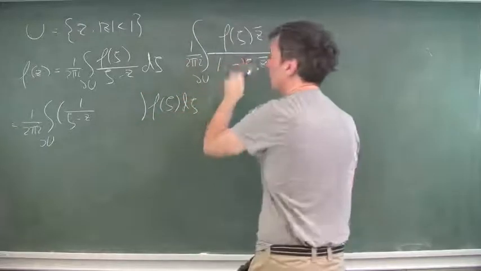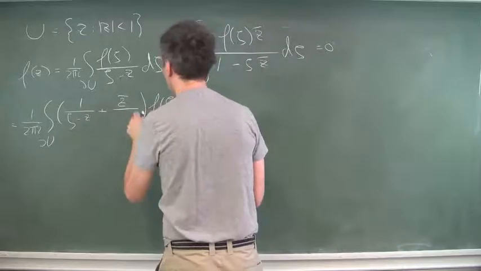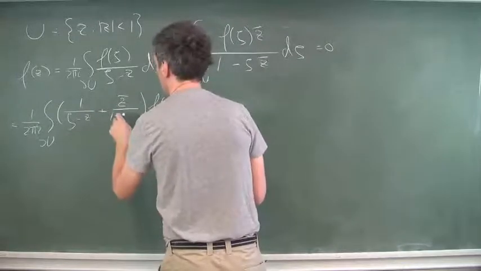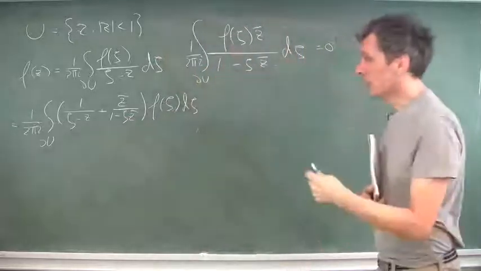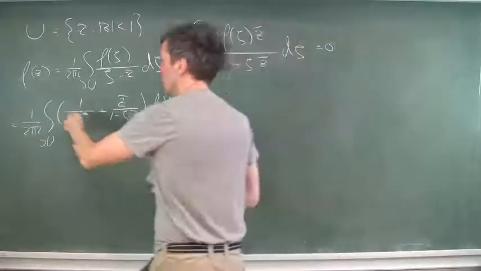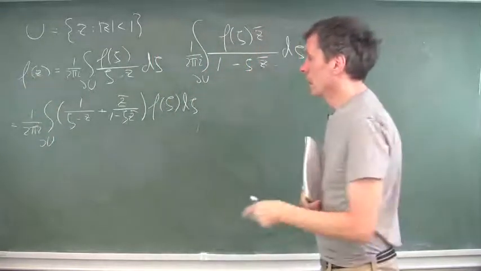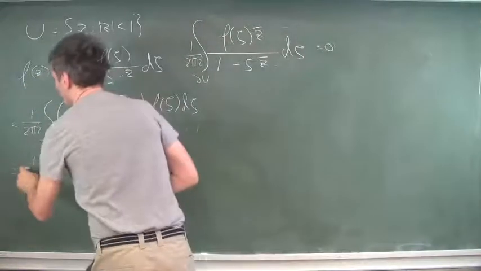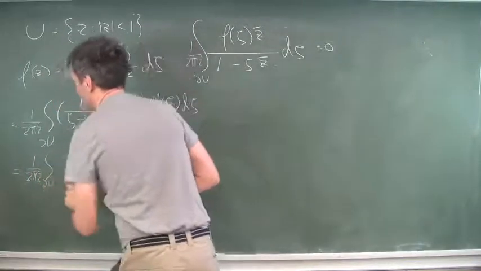And then from here, we'll get plus zeta z conjugate divided by 1 minus zeta times z conjugate. So this is still an integral expression for f of z. And so what we do now is simply rewrite this integral in a nicer form.